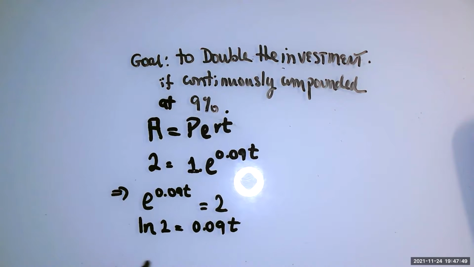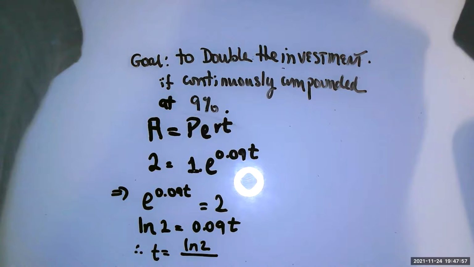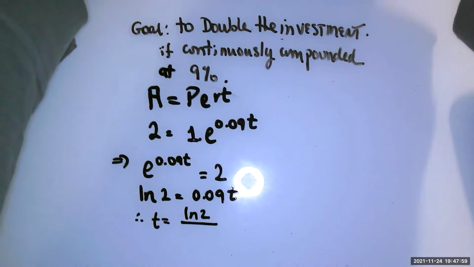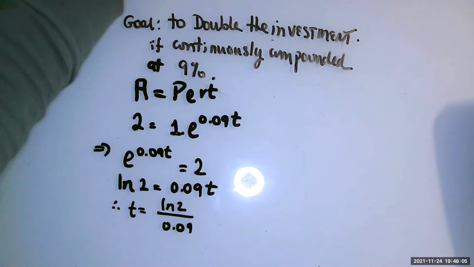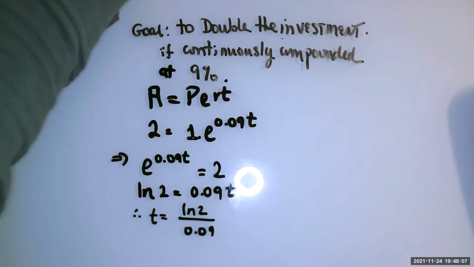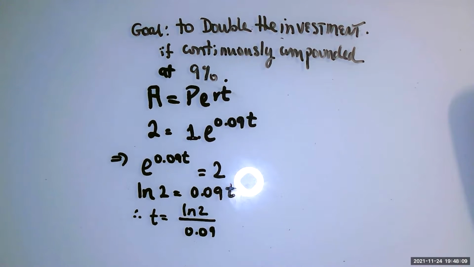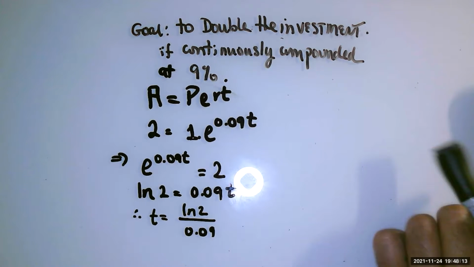Since I'm solving for t, therefore t equals ln of 2 divided by 0.09. We can just punch it in the calculator to see how much that is. So ln of 2 over 0.09.